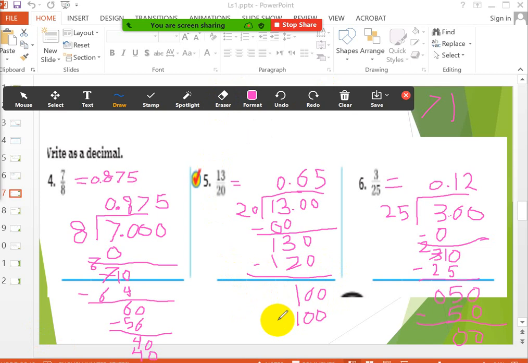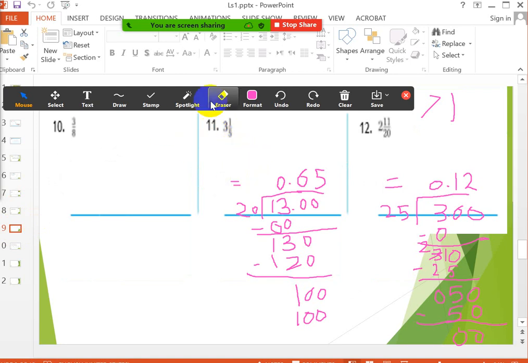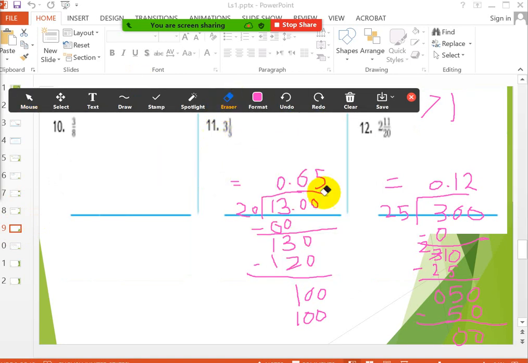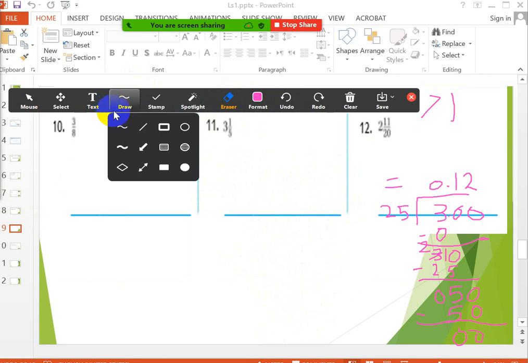I will solve number 11, okay? Any exercise I solve, you have to put a check mark next to it. If we have time, we will return to the exercises.